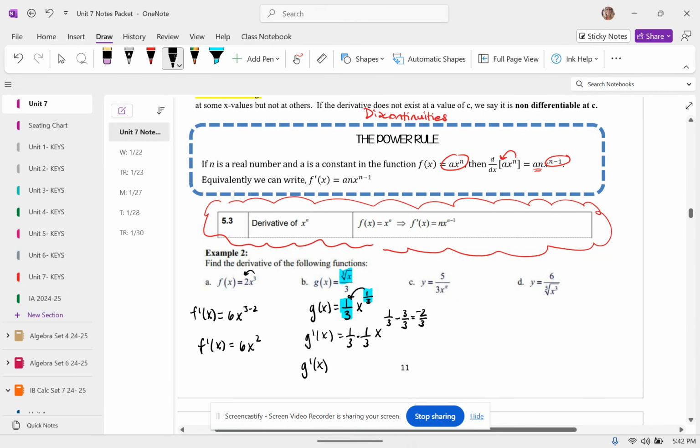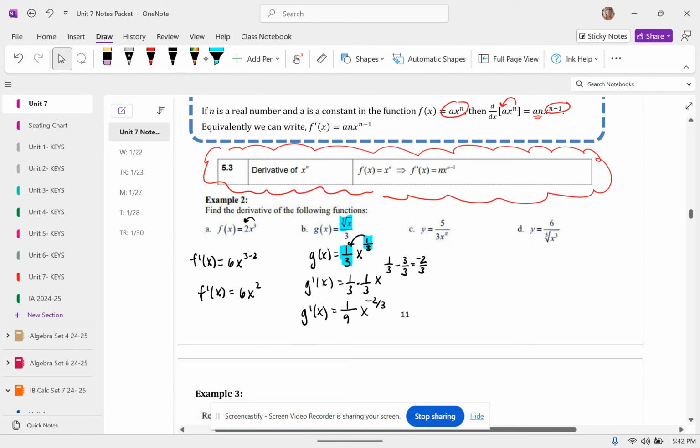So g prime of x is equal to 1/9 x to the negative 2/3, and you could rewrite that as a power or as a radical if you would like. So I'd have g prime of x is equal to 1 out in the front, and then in the denominator we have a 9, and then the cube root of x squared.